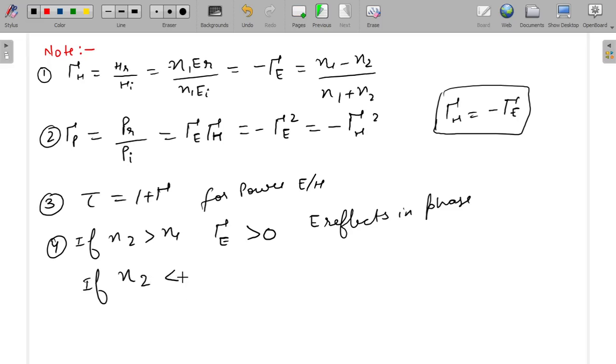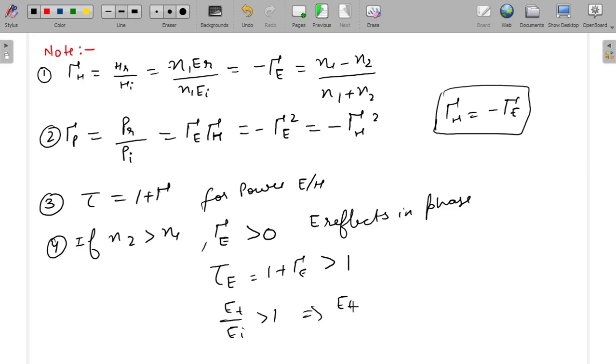If N2 is less than N1, then obviously tau E is less than 0. If tau E is greater than 0, then transmission coefficient, that is 1 plus tau E, is always greater than 1. So Et by Ei is greater than 1, which implies that transmitted electric field is greater than incident electric field.